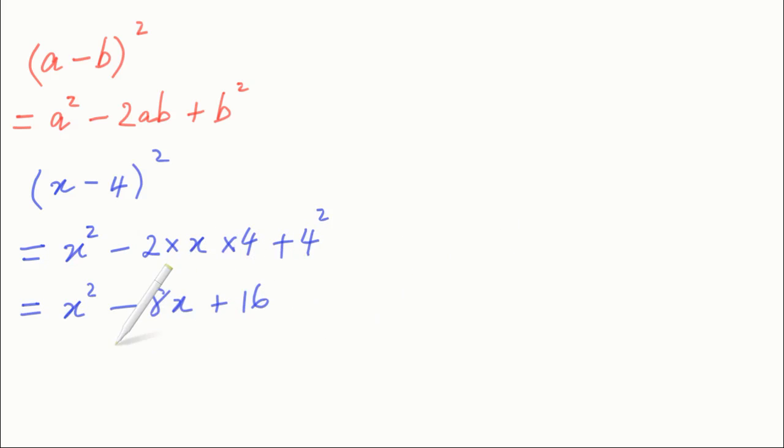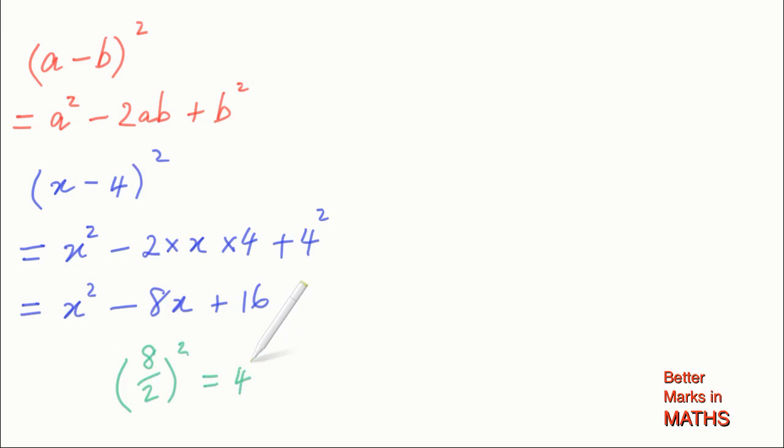And once again, how do you test if that's a perfect square? As long as this is a plus and this is a minus, and this term always will be a plus if it's a perfect square, you just do the same test that you did in the first example when the formula was a plus b all squared. You just go 8 divided by 2, and you can actually ignore this minus, or you can include it. You get the same result. So 8 divided by 2 is equal to 4, so that's 4 squared, which equals 16.